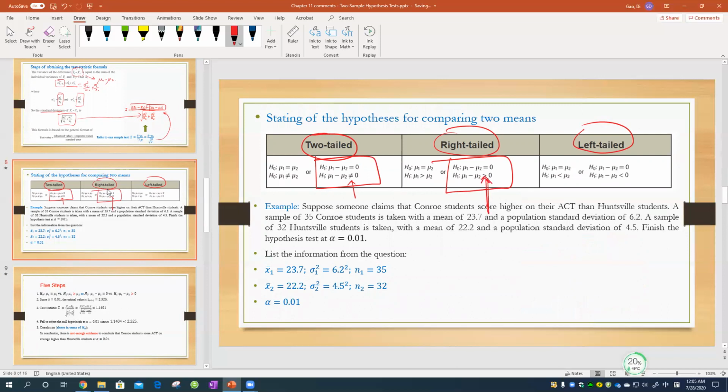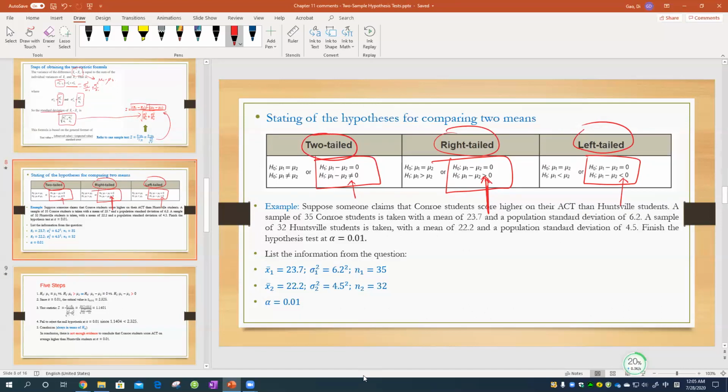And for left-tailed, we have smaller than. Which form you use is all okay, but I think the second format is easier to remember. Now all we need to do is follow the one sample procedure, the 5 steps, and complete the hypothesis test. Let's now look at an example.